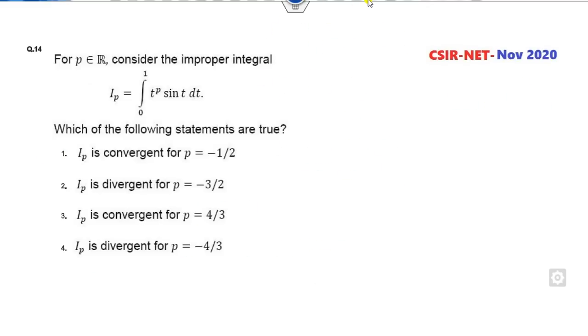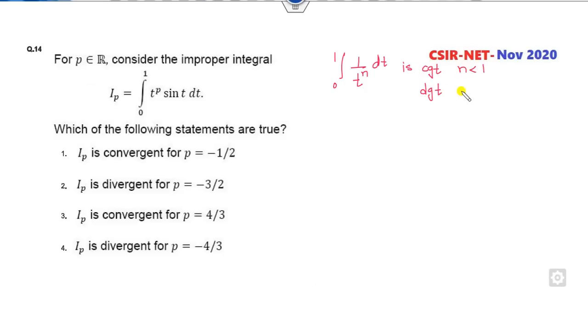Look at this simple remark for you. Firstly, remember this simple remark. This is convergent, this is divergent.